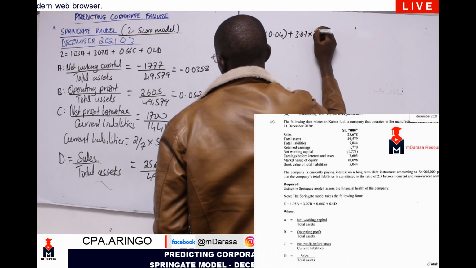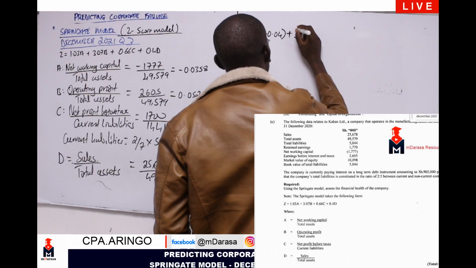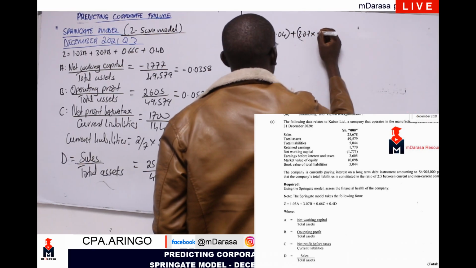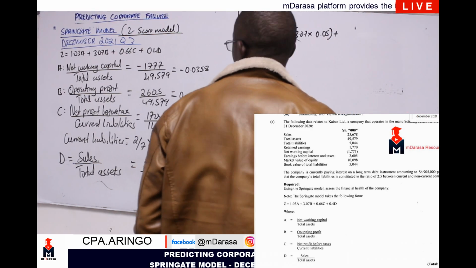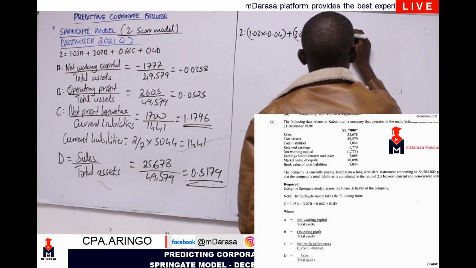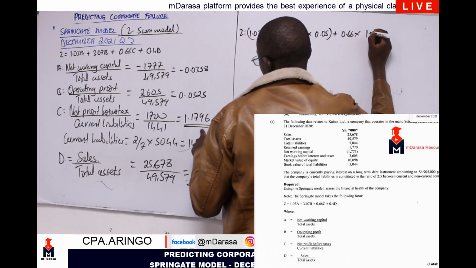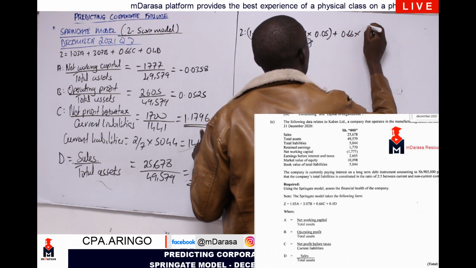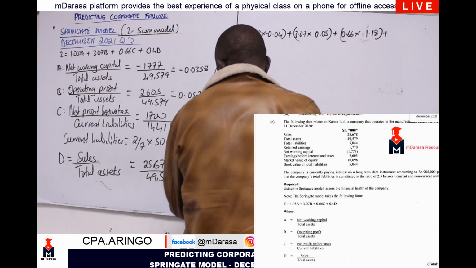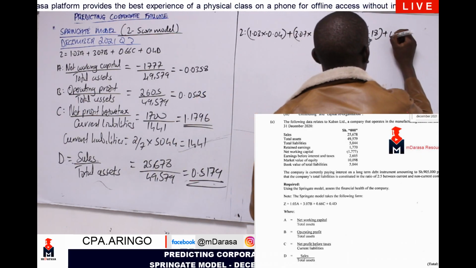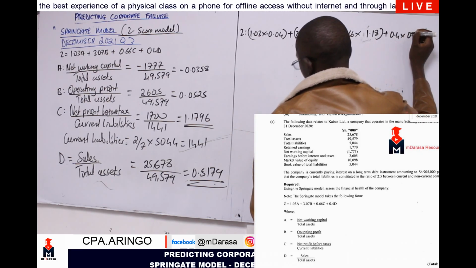We multiply by 0.05, remember this is negative, plus 3.07 we multiply by 0.05, plus 0.66 we multiply by C, 1.18. Then finally we add 0.4 times 0.52.